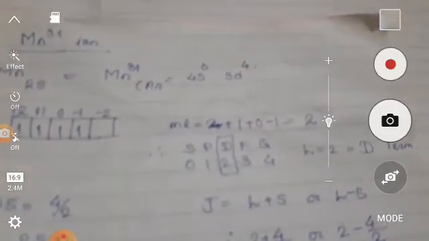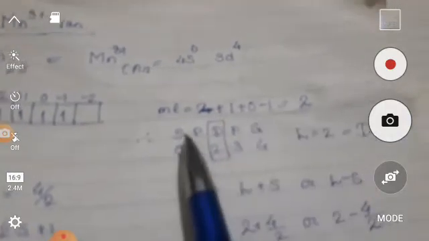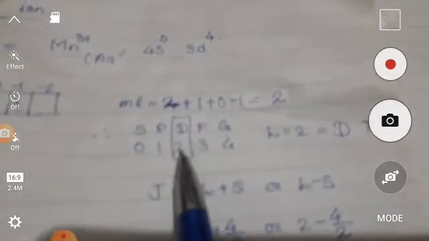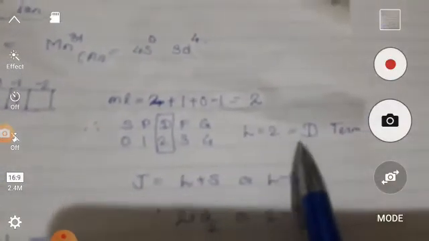If ML is equal to 2, then for S, P, D, F, G: S is equal to 0, P is equal to 1, D gives 2, F is equal to 3 and G gives 4. So our L value is equal to 2, then our term must be D.